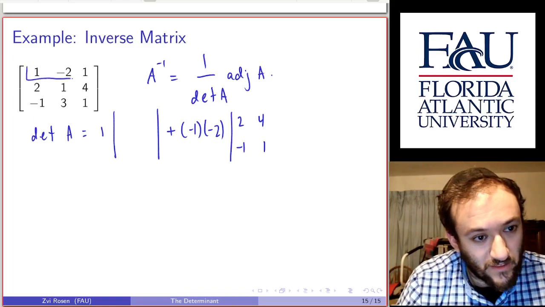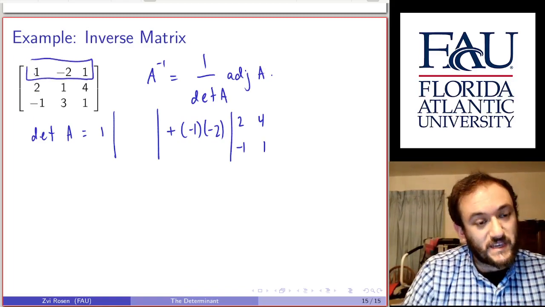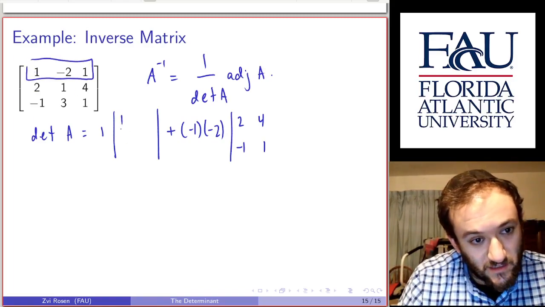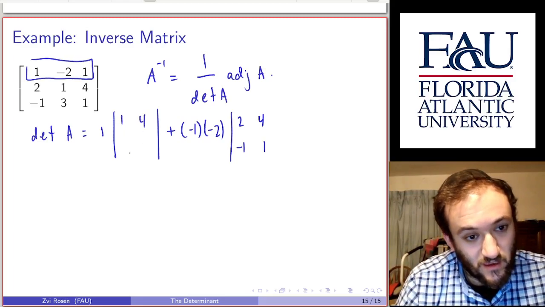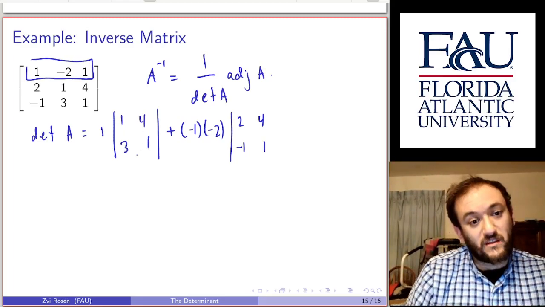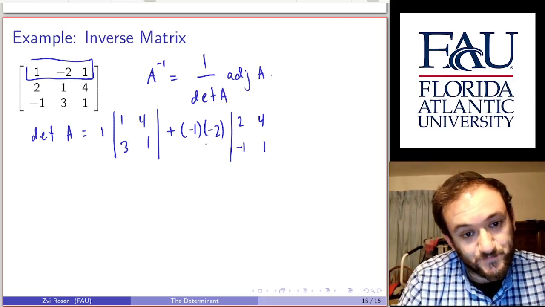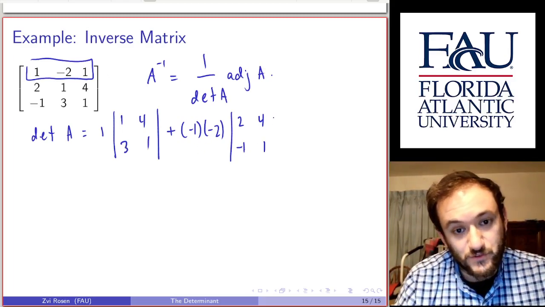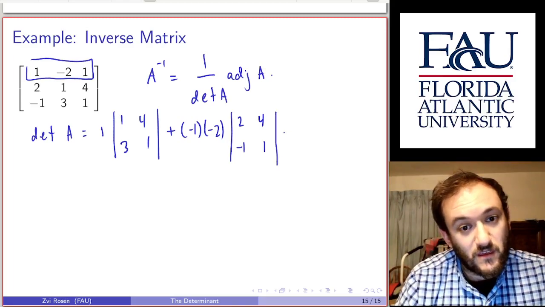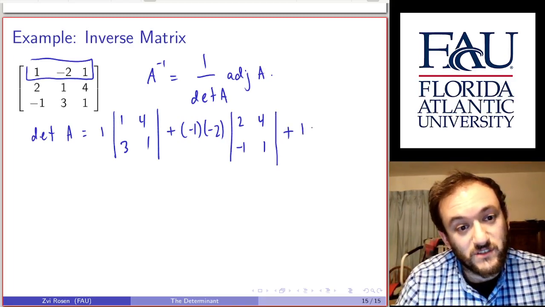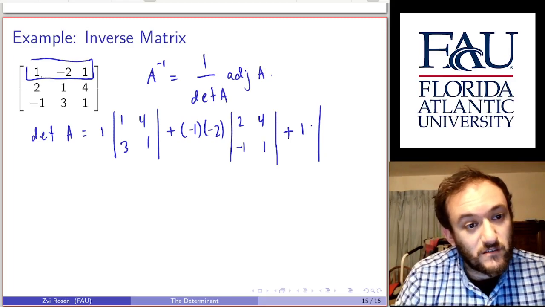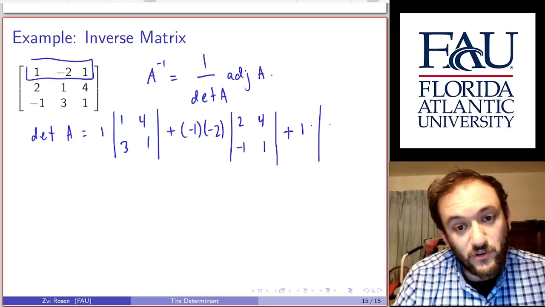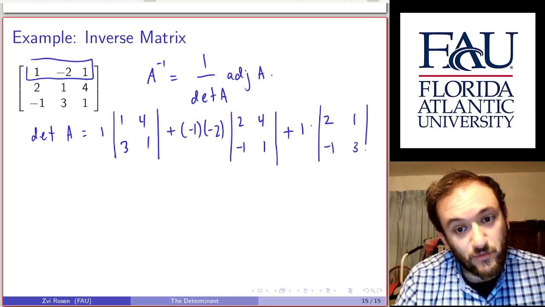So again, we're going on the first row. So we take 1 times the determinant of the submatrix you get from omitting first row, first column. Okay, then this one is for first row, second column. And then we'll have +1 times what you get from omitting first row, third column, which will be 2, 1, minus 1, 3.